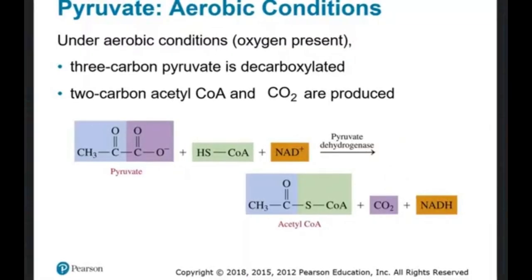So when oxygen is present, 3-carbon pyruvate is converted into 2-carbon acetyl-CoA. You see that the CoA part of coenzyme A is now attached to acetyl through the sulfur thiol bridge.